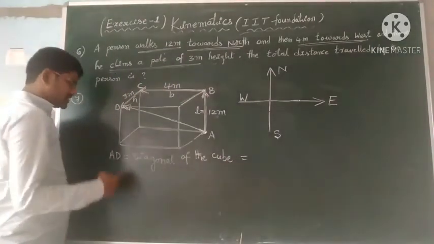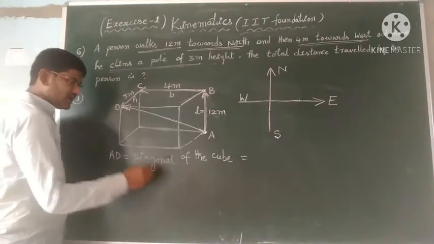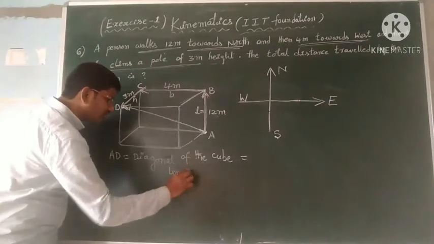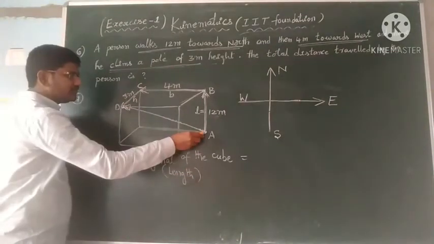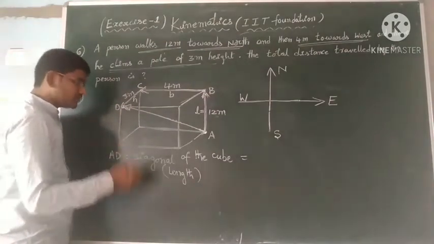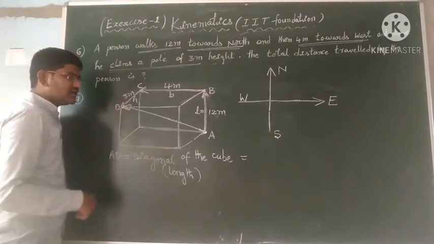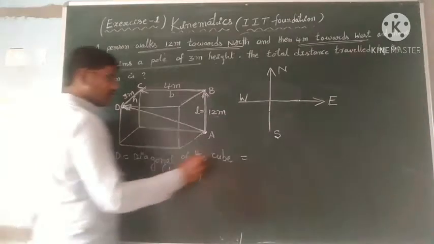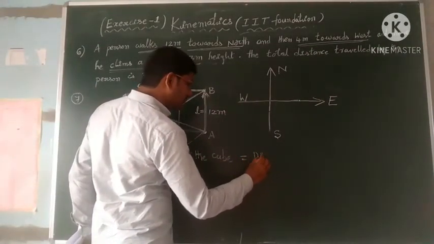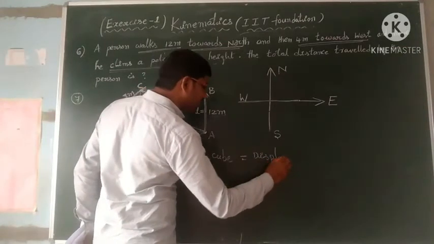AD is equal to the length of the diagonal of the body of the cube. So this diagonal length I want. This is called the displacement in this situation.